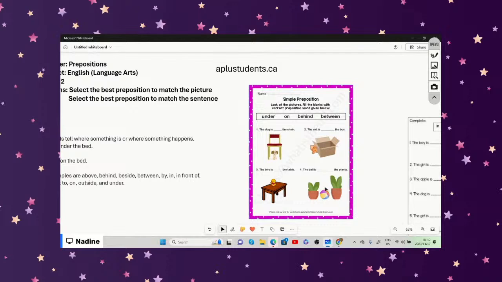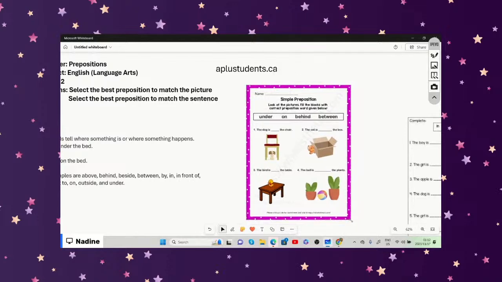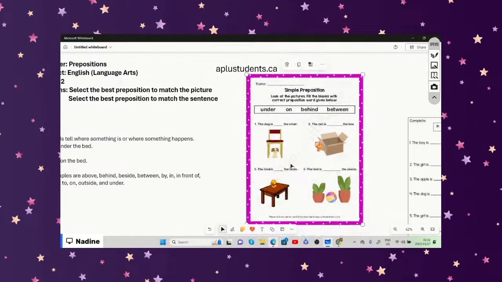Here we have the first one, which says, the dog is the chair. So here we have the chair. Now we need to ask ourselves, where is the dog? Is the dog under? Is the dog on? Behind?